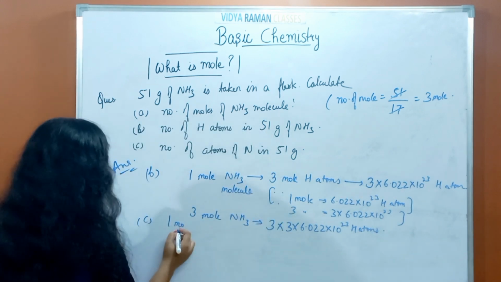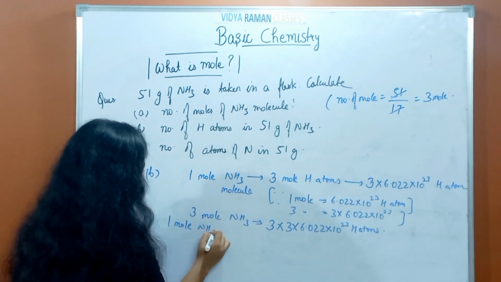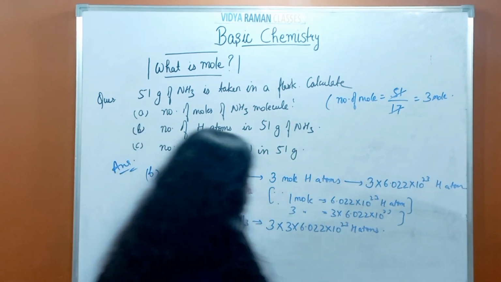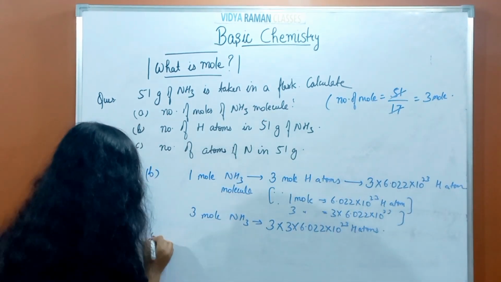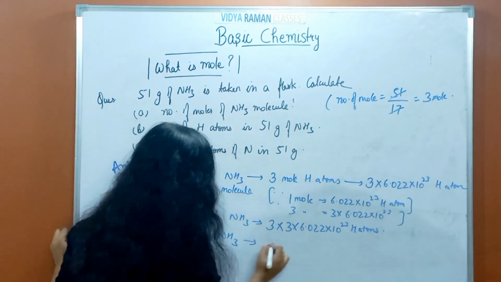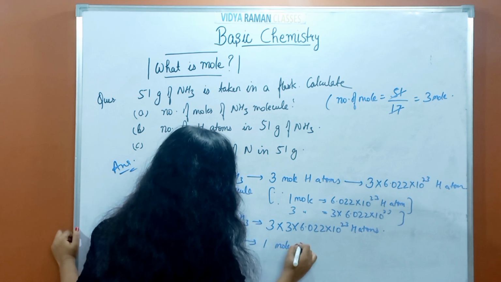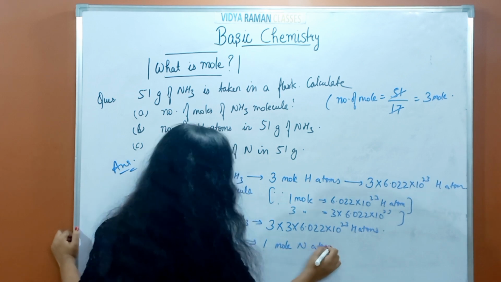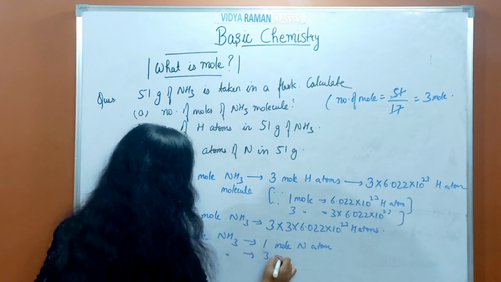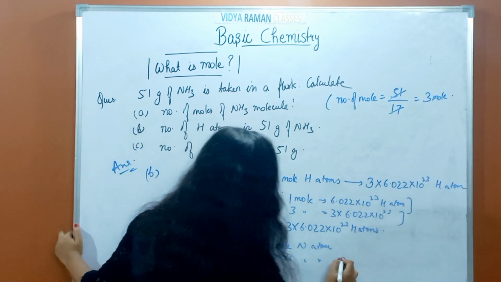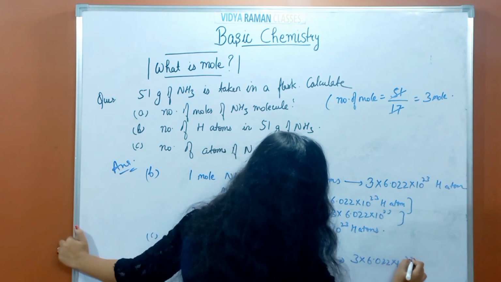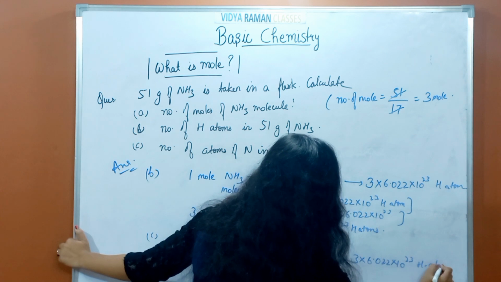Okay, similarly if 1 mole NH3 is containing 1 mole nitrogen atom, then 3 mole NH3 will contain 3 mole nitrogen atom, and that is equal to 3 into 6.022 into 10 to the power 23 nitrogen atoms.